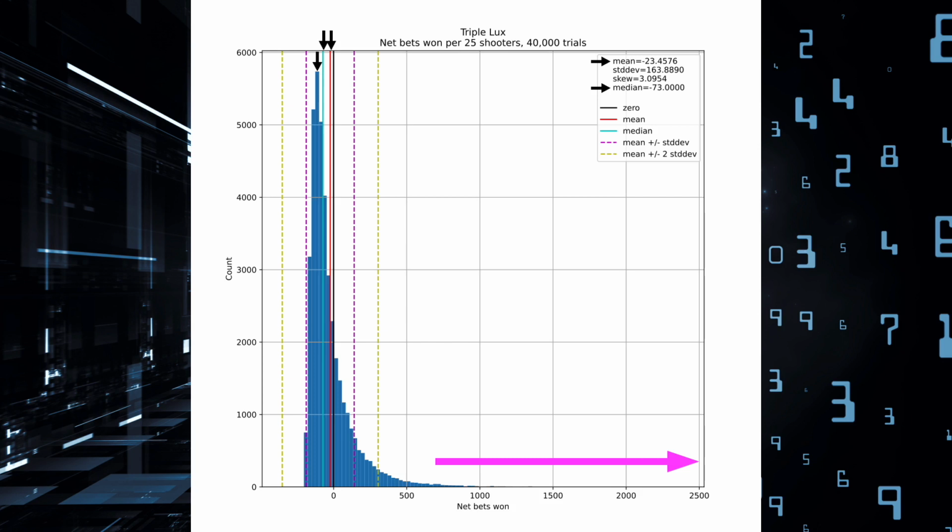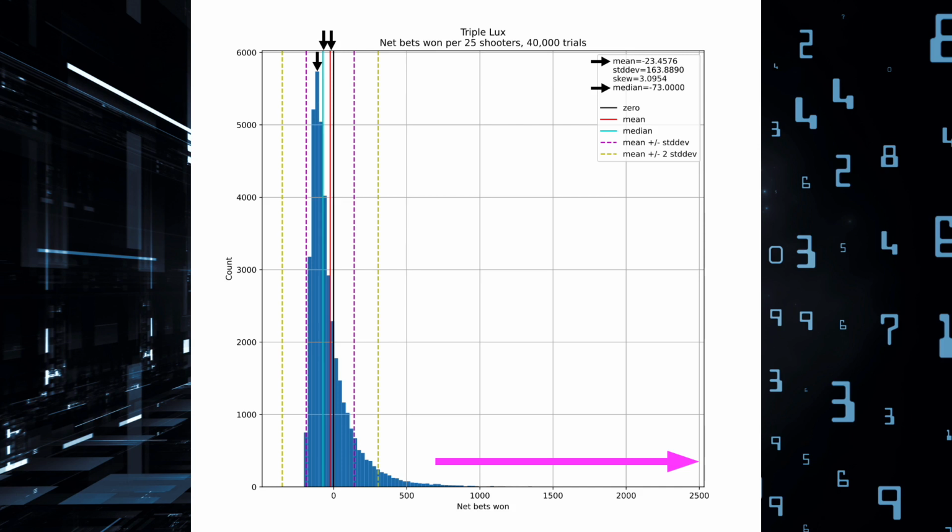And you can see that the other results are heavily clustered around that value. Negative 100 bets per 25 shooters means, on average, $1,000 lost. That's the most common result you can expect, on average, for a group of 25 shooters.